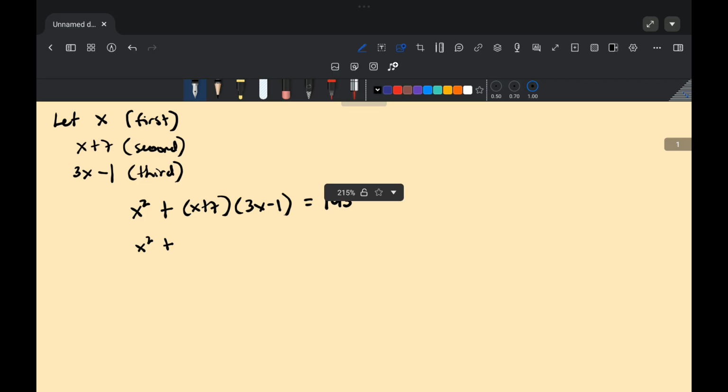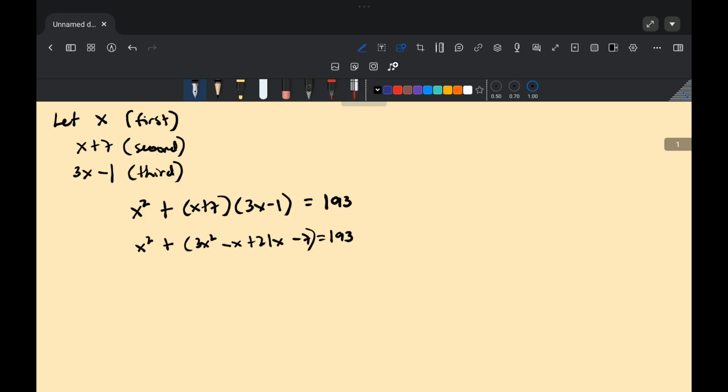By expanding the product, we have 3x squared minus x plus 21x minus 7 is equal to 193.